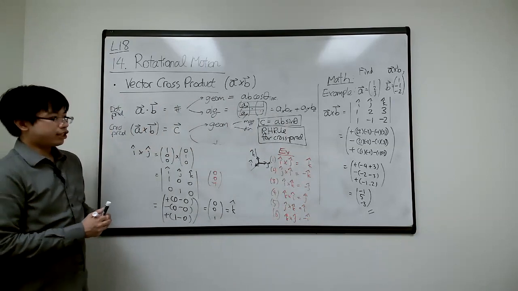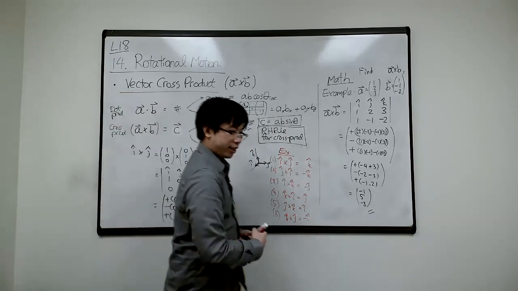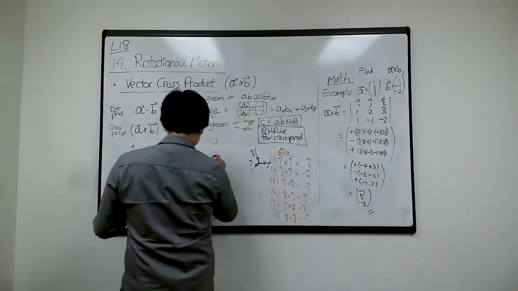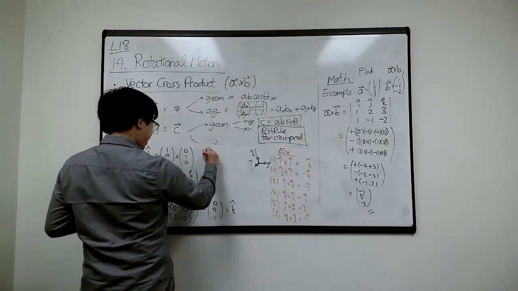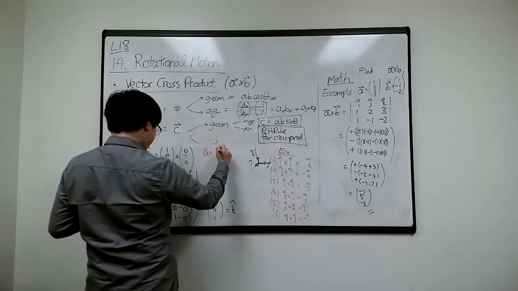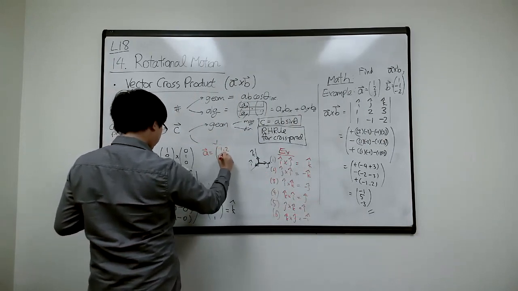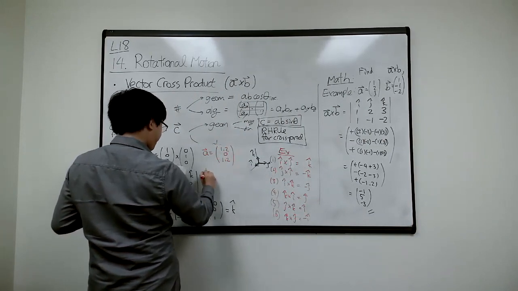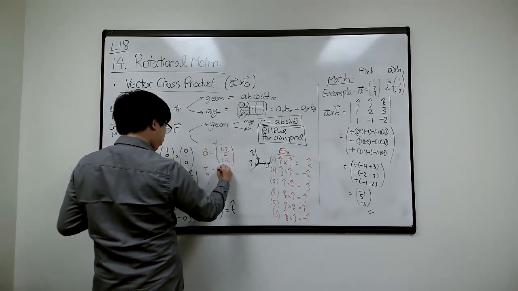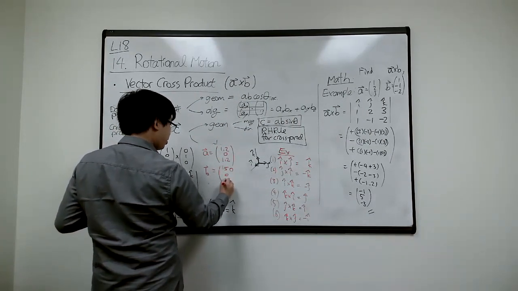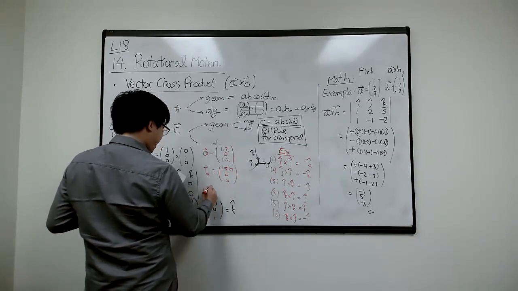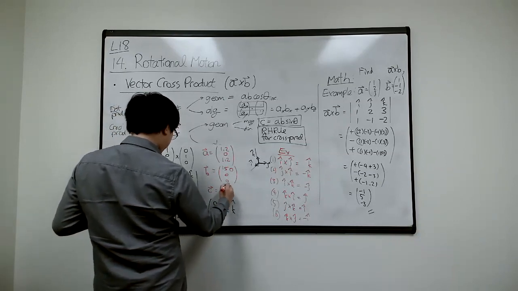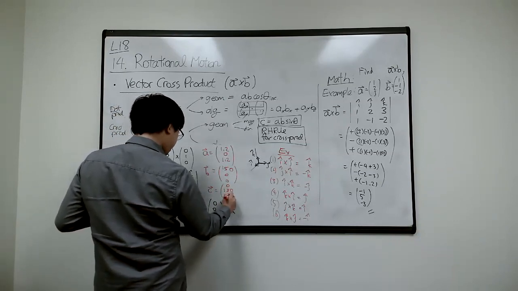So these are easy ones to quickly try. And you can try another one in the textbook as well. Try if A is equal to 1.2, 0, 1.2, and B is equal to 150, 0, 0, and you should get A cross B will give you 0, 180, 0.